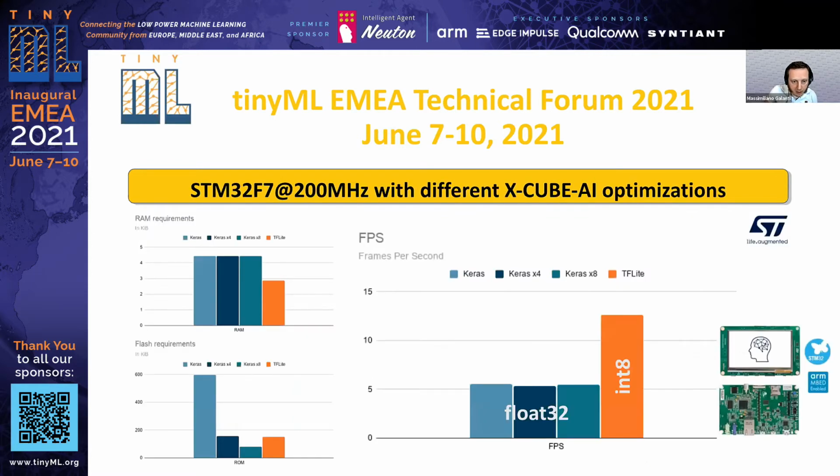Then, thanks to the ST Microelectronics framework called XCube-AI, the resulting Keras CNN has been ported into C code for the STM32 architecture, specifically an STM32F7, which is a kind of mid to high range microcontroller running at 200 megahertz, of course, with cache enabled.